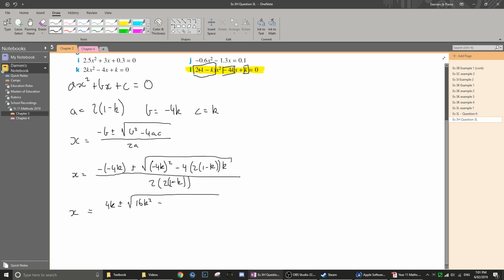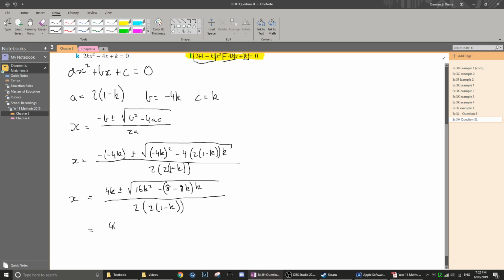So 2 times the 1 is 2, times the 4 gives me 8. 2 times the k is 2k, times the 4 gives me 8k, and I've left the negative in front of the bracket, so we keep this negative, so that's going to be negative 8k. Because I've done this problem before, I'm actually going to leave this 2 out the front and then go to 1 minus k.